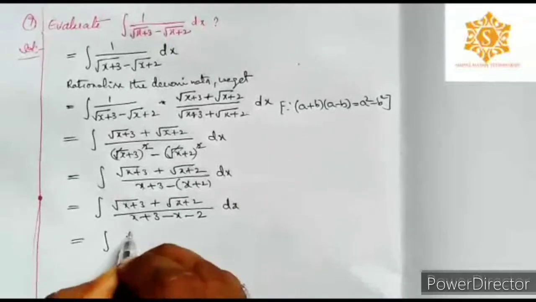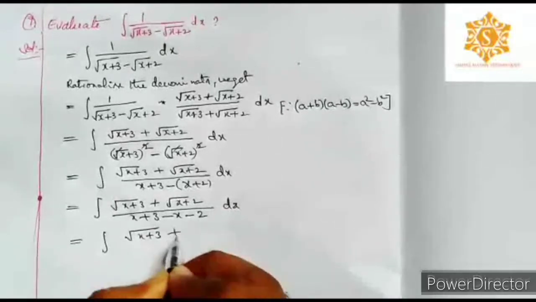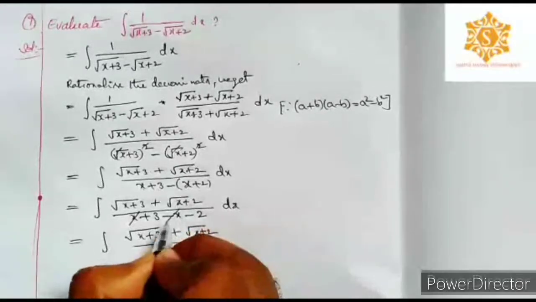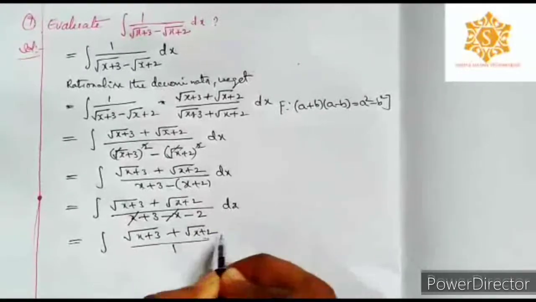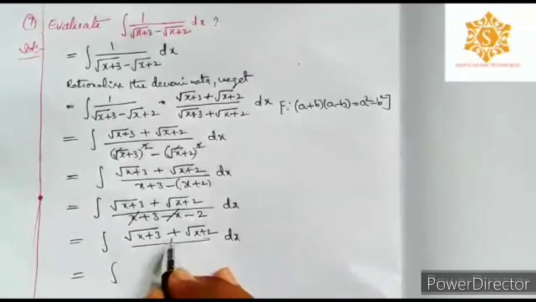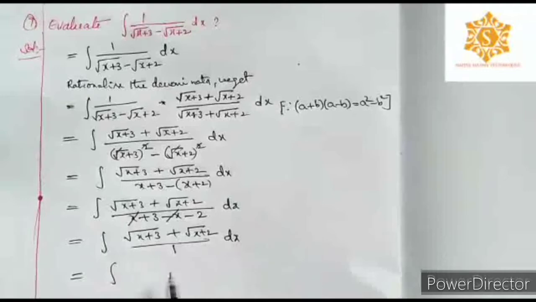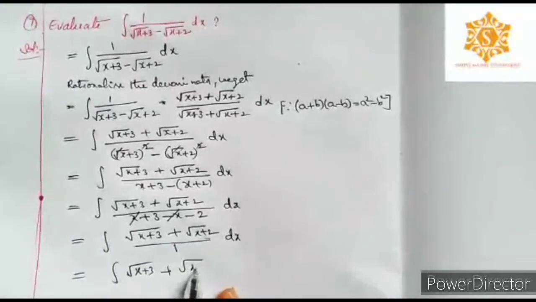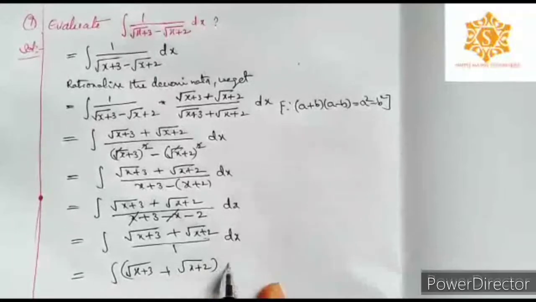So integration of square root of x plus 3 plus square root of x plus 2 by plus x minus x cancel, 3 minus 2 value is 1 into dx. So integration of square root of x plus 3 plus square root of x plus 2 by 1 value is square root of x plus 3 plus square root of x plus 2 into dx.